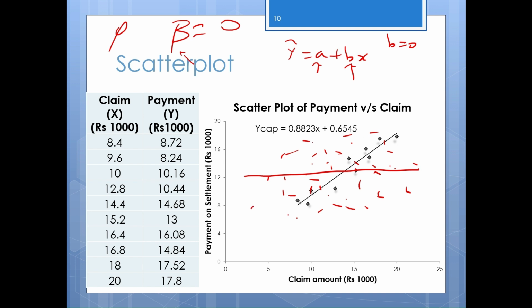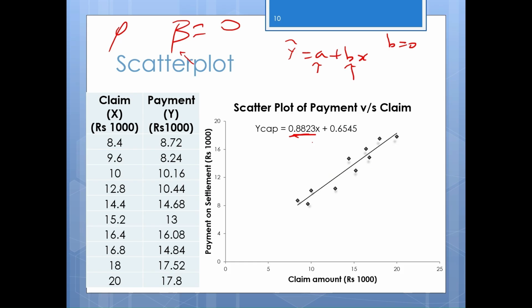Otherwise, if it is not equal to 0, then it means that there is a linear relationship. So that's what we want to do: test in the population whether the regression coefficient that we have obtained here is significant or not. It's the same idea that we went through in correlation.